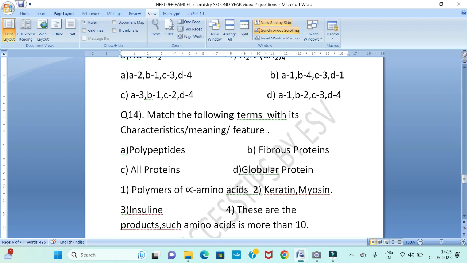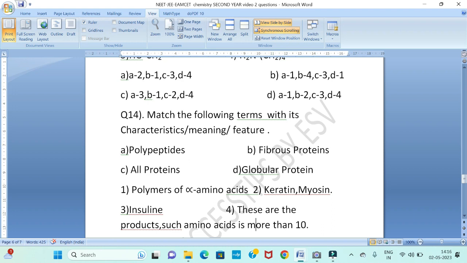So what is the answer? Polypeptides. Poly means many. The products with amino acids more than 10 are called polypeptides.